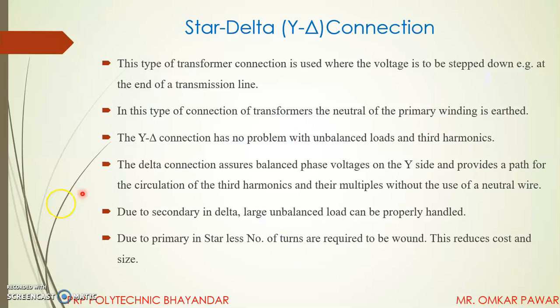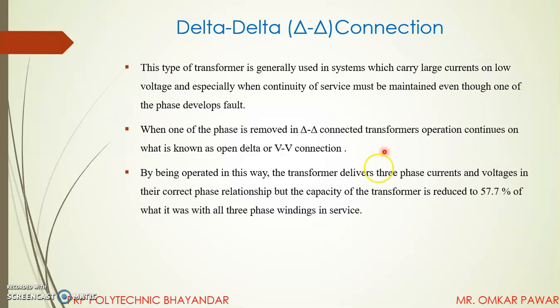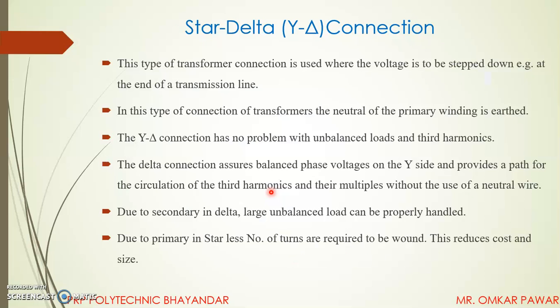And on the secondary side there will be a delta connection. If an unbalance happens, the phase current and voltage are in correct phase relationship, but the power handling capability is reduced to 57%.